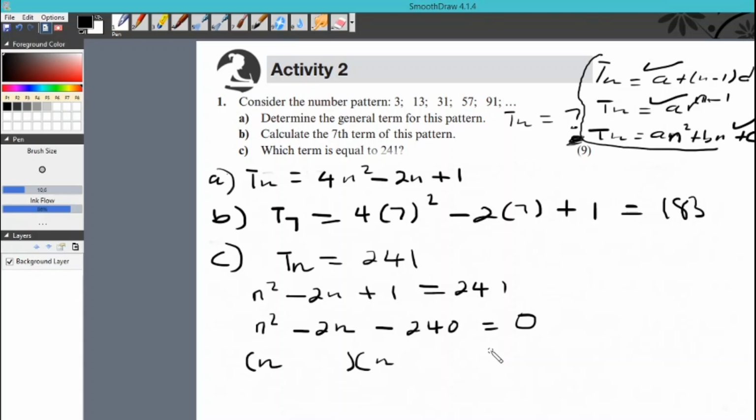Which numbers multiply to give minus 240 and add to give minus 2? The factors of 240 are many. Okay, let's think.